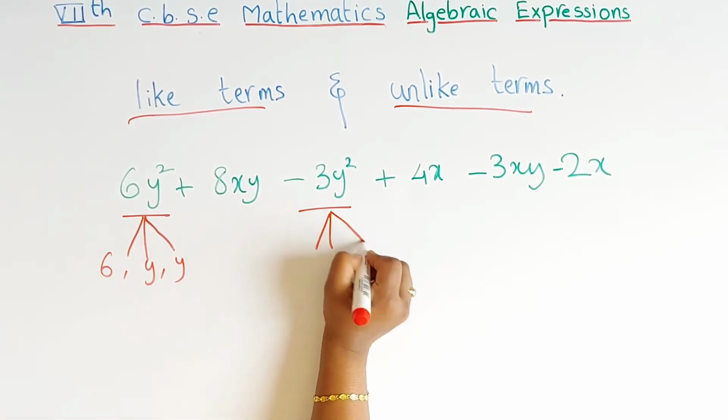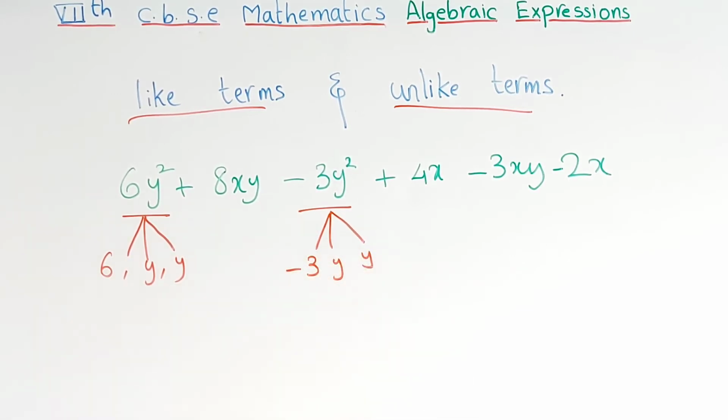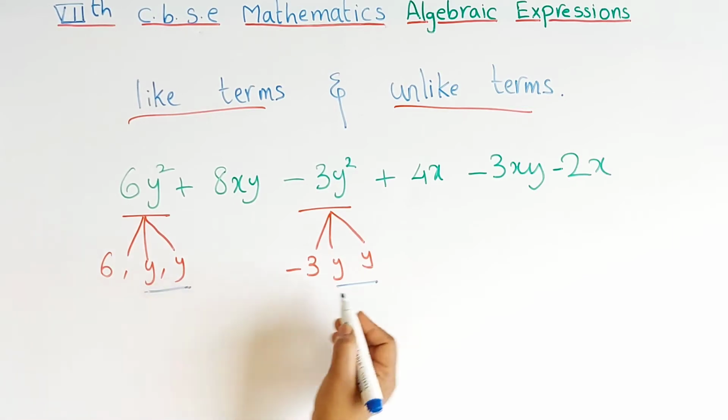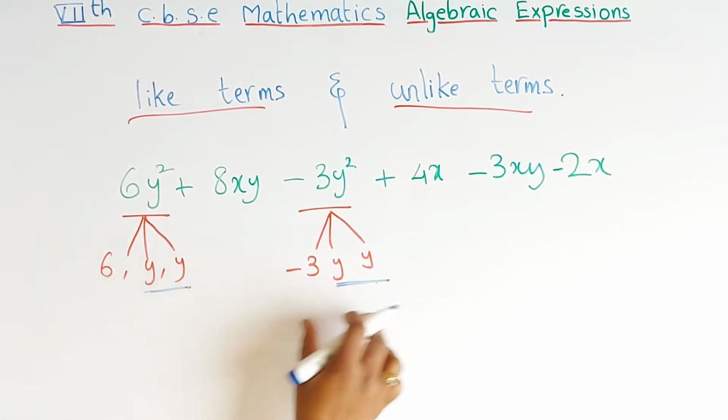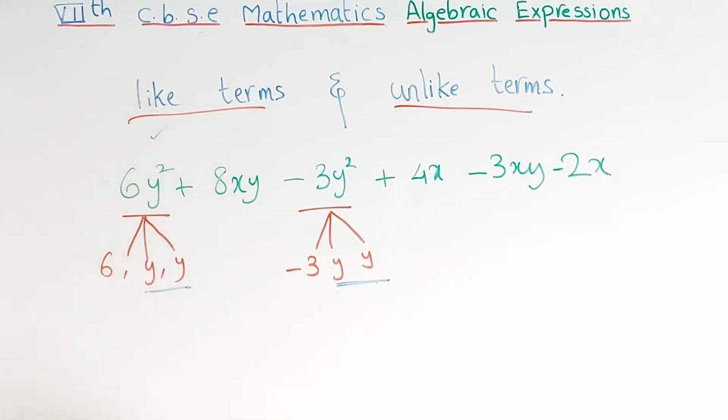Now for this term we have three factors, minus 3 into y into y, right? Now observe, we have the same algebraic factors, y and y here, y and y here, except numerical value, right children? Except numerical value, if you have the same factors for two terms, those are called like terms.